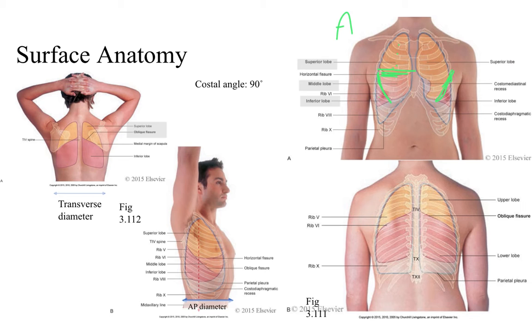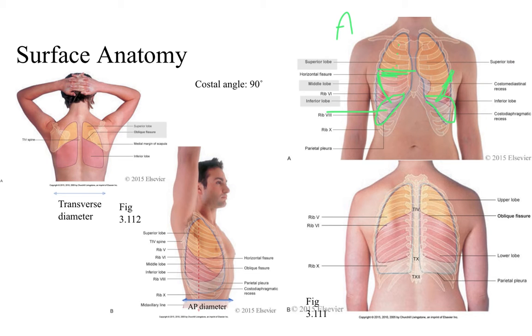So the oblique fissure goes from about rib 4 to rib 6, downward medially. Then of course you should remember down here below the inferior lobes you have that costodiaphragmatic recess that provides space so the lung can expand to its full potential. Or if we're thinking medically, again, we can put a needle in there and draw fluid out if we need to.